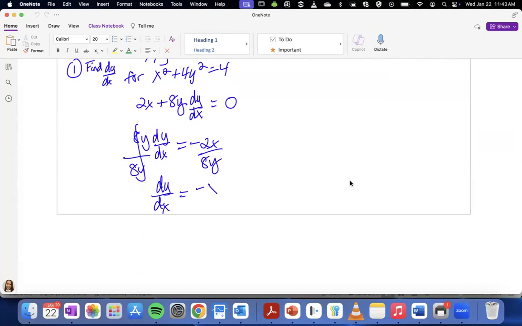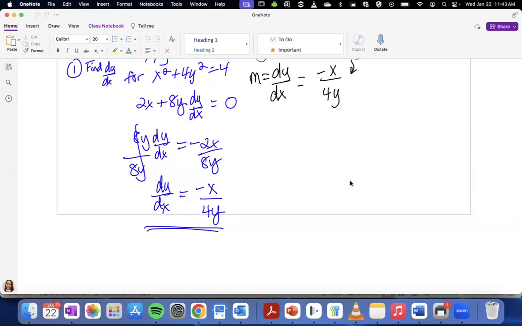That is the derivative. The next step, find the slope at root 2, negative 1 over root 2. So m is equal to the derivative at that point. I plug in my x and my y.